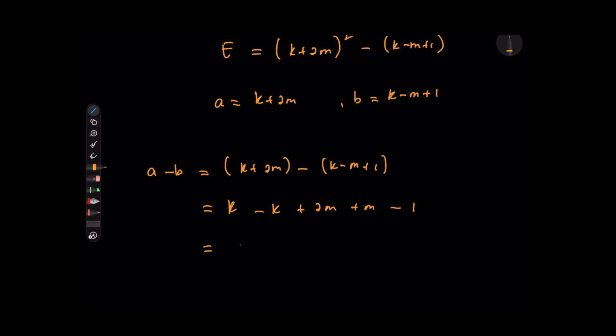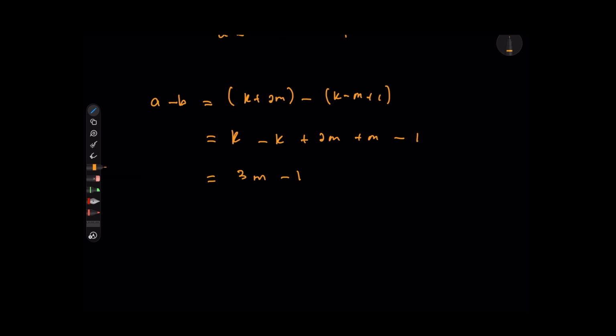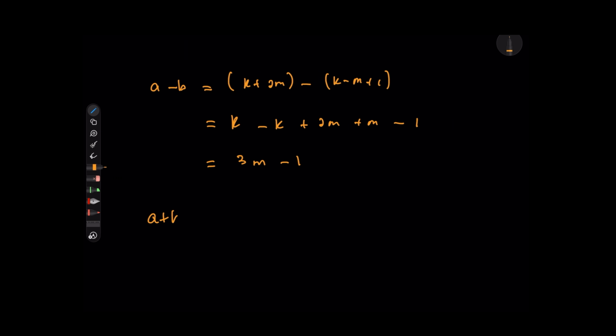So I'll have 3m minus 1. And then for a plus b, I will have k plus 2m plus (k minus m) plus 1. That will give me 2k plus m plus 1.